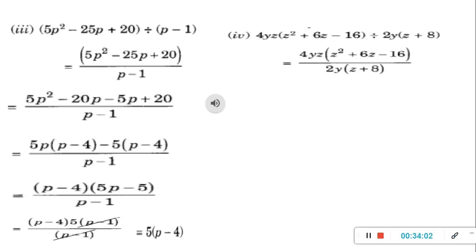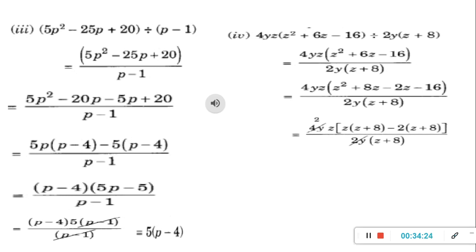z plus 8. Here first we can factorize z square plus 6z minus 16. So z square plus 6z can be written as 8z minus 2z, then minus 16. So we will get the factors, where a means 8, b means minus 2. That means z plus 8 and z minus 2.